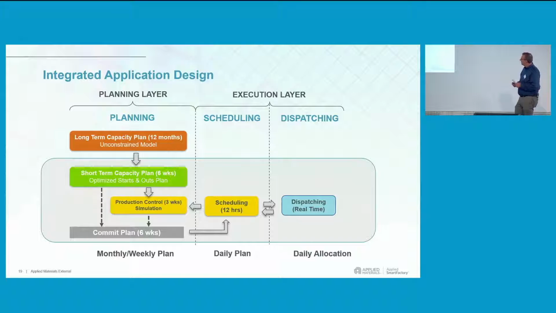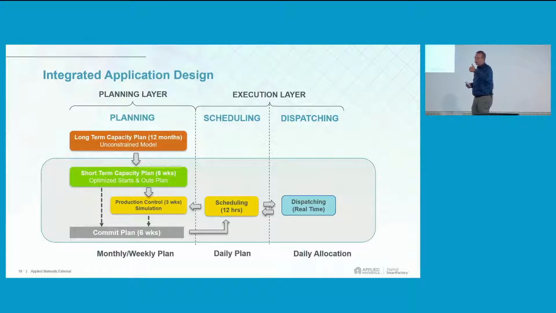So I'll take just a minute and start on the right side. Let's get right into the fab first. Dispatching, many of you are quite familiar with. It's making a decision at a point in time where we decide what to process on a tool type or a set of tools within a tool type. So that relationship is many lots, right?